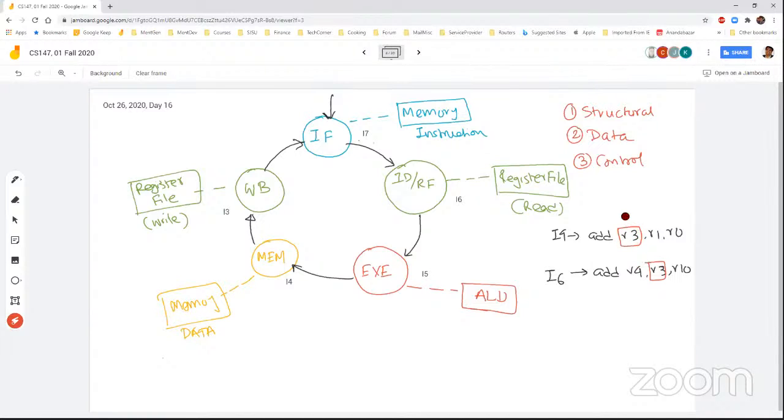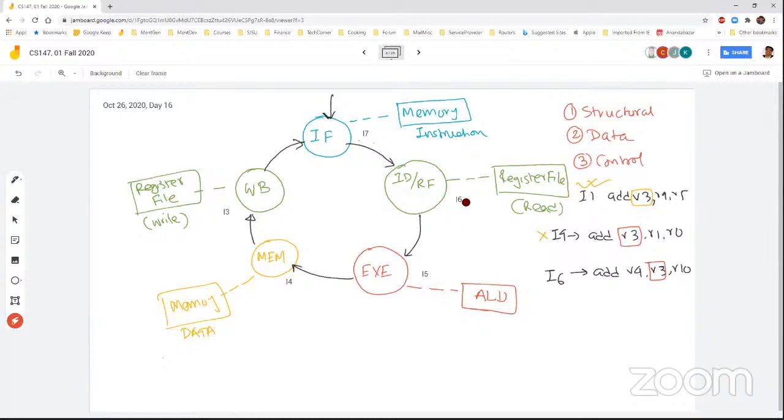It's probably coming from some previous instruction, like maybe instruction 1, which was add R3, R4, R5. So it is practically accessing the result of that one instead of this one, right? So that's the data hazard.